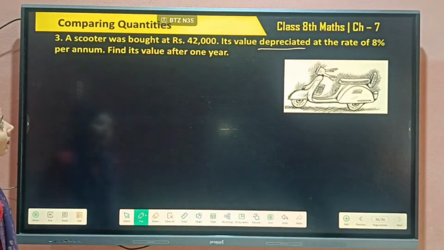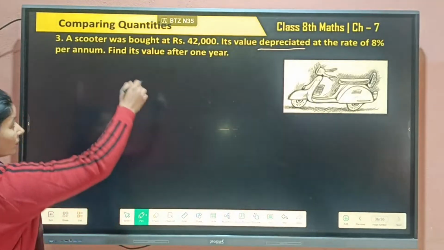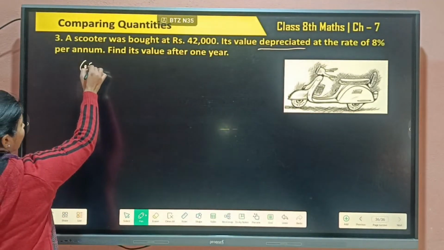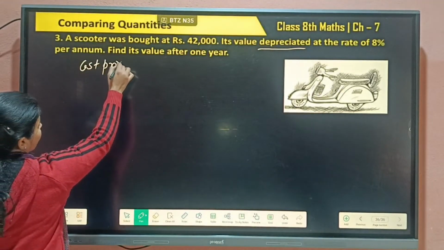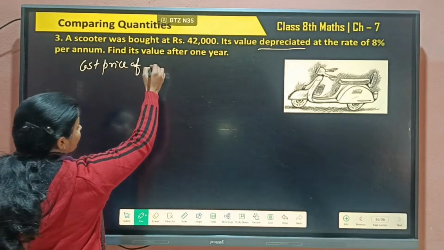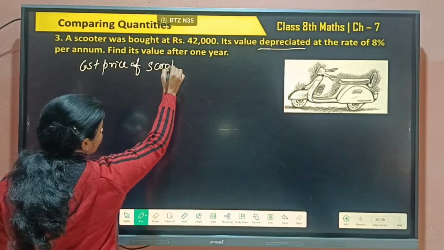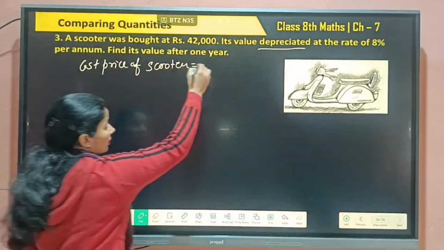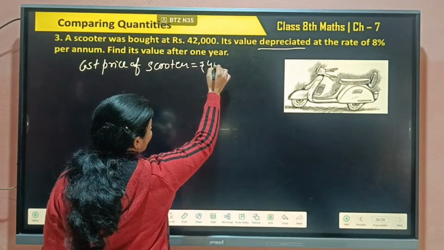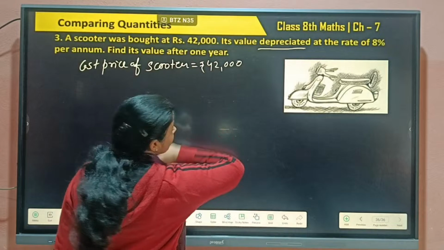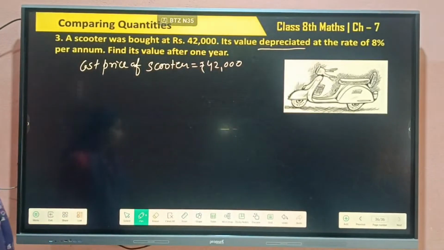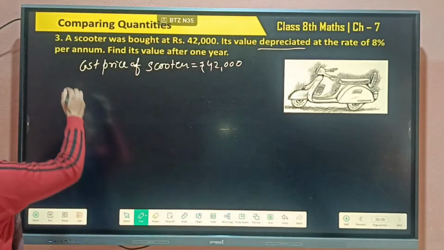So what is the cost price of the scooter? The cost price of the scooter is rupees 42,000. And what is the rate of depreciation?